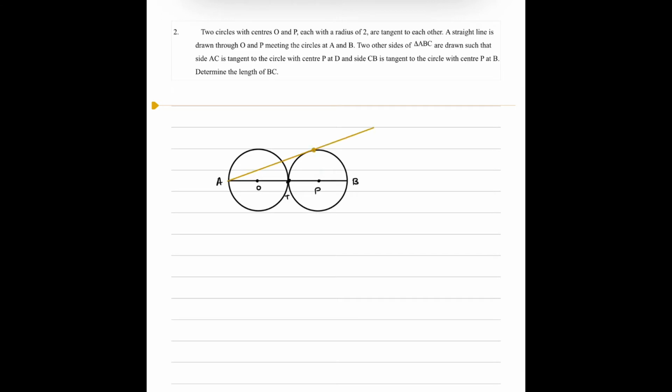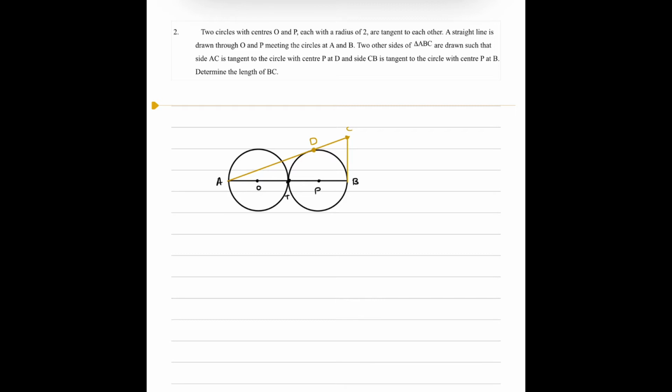So this point right here is D, and like this. Let's name this point C. Let's erase the excess. Now side BC is tangent to the circle with center P at B.